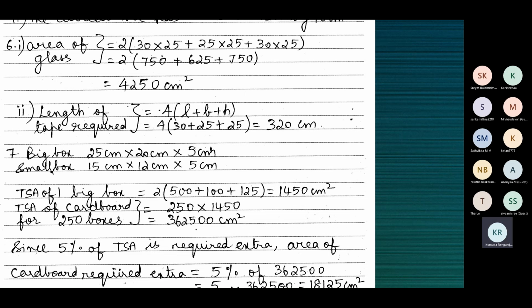There we saw this formula: the length of the tape required is equal to the length of all the 12 edges, which is 4L plus 4B plus 4H. When you take 4 common, it is 4 of L plus B plus H.